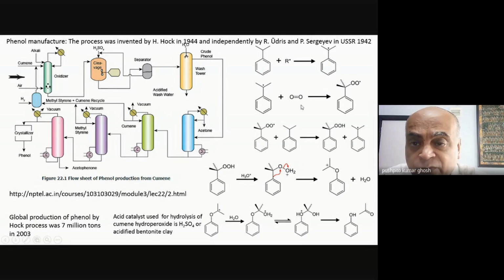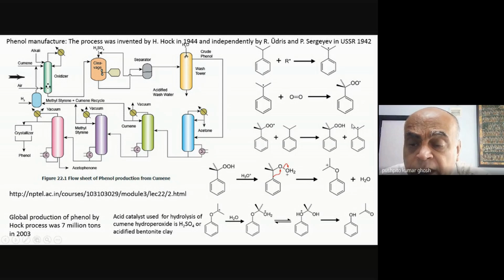And then it reacts with oxygen to form the peroxy linkage, and then effectively, it abstracts the hydrogen from here, and it becomes cumene hydroperoxide, and this then again gets recycled, and so it just gets propagated continuously. I mean, you are initiating it and then again regenerating it, and it goes on and on.